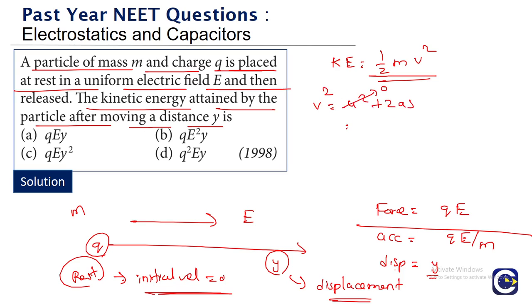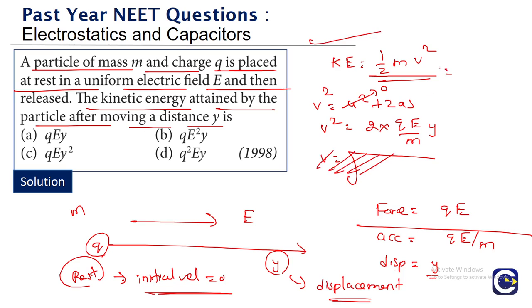U is 0, so v square is 2 into a, which is qE by m, into displacement y. We don't need the v value itself, because the kinetic energy formula requires only v square. Substituting, half into m into 2qE by m into y.